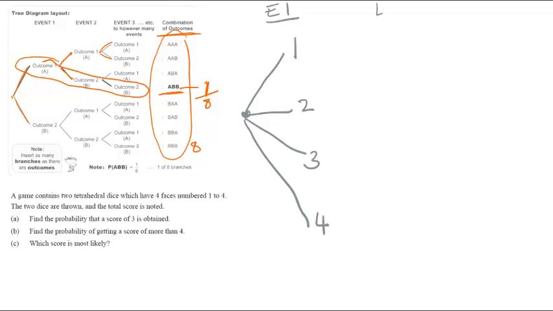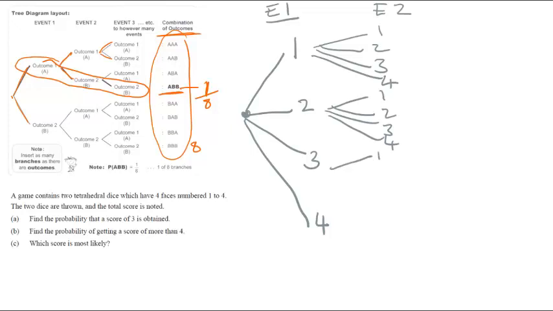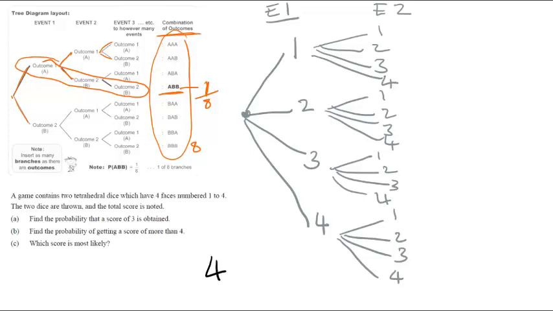Rolling the second dice, so this is going to be event number 2, I could get a 1, a 2, a 3, and a 4, for each of the first outcomes. In total, the number of options available is going to be 4 for event number 1 times 4 for event number 2. So there are 16 total options.